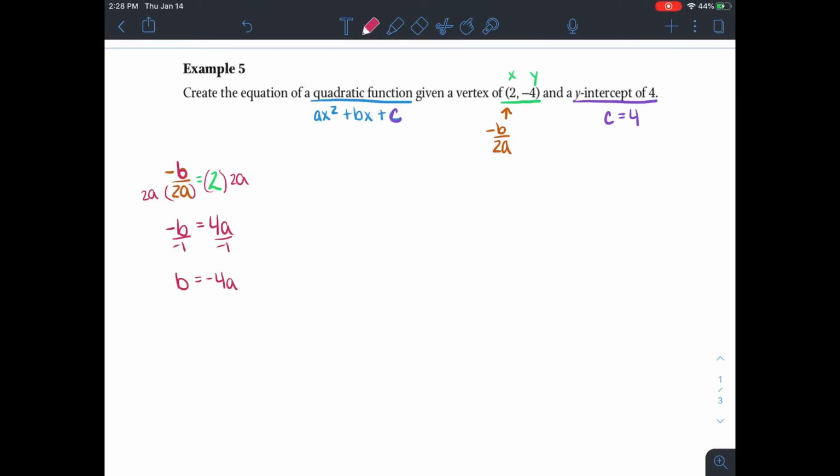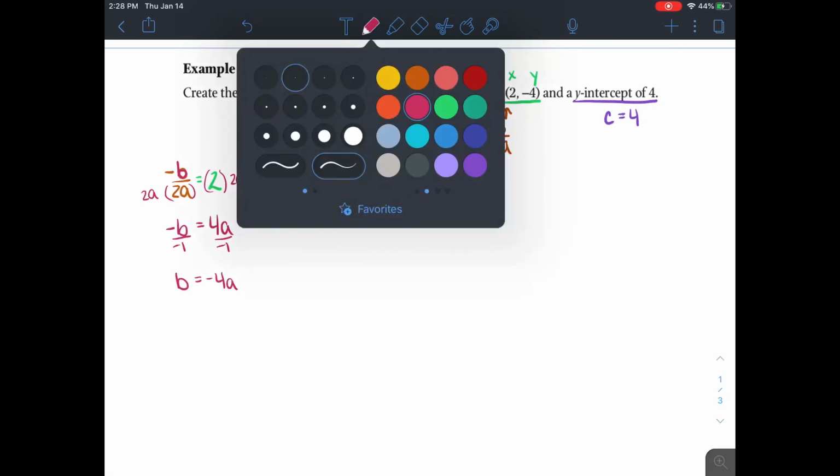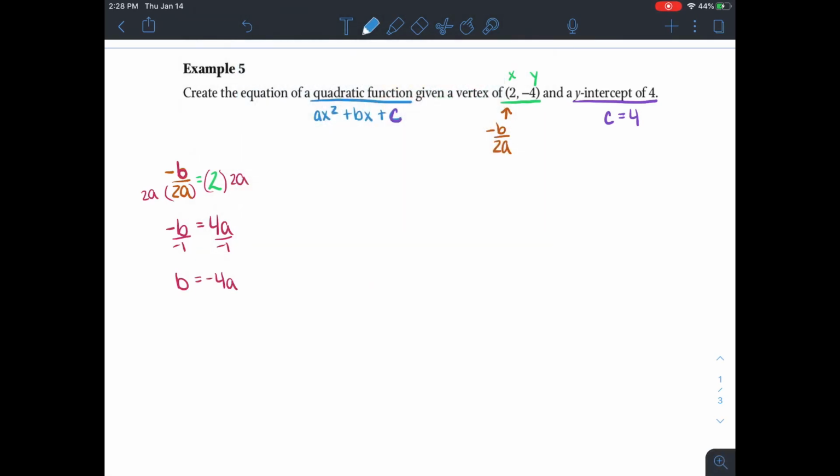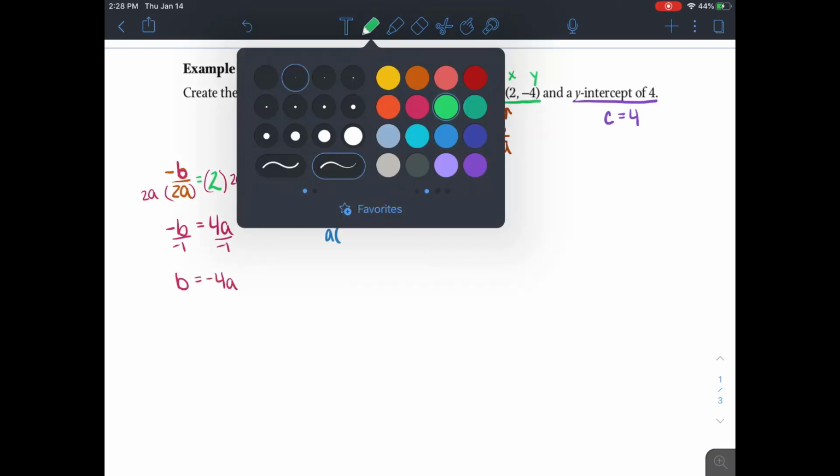Now that's not a perfect answer, it's not our final answer, but it does give us something to plug in for b. So if we use our original equation, we're going to plug in for the pieces that we do know, and we're going to solve for the pieces that we don't. So if this is our original equation, we don't know what a is, so we're going to leave a on its own. We know our x is a value of 2 that came from our vertex.